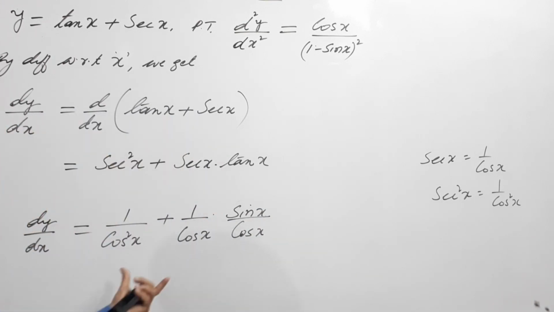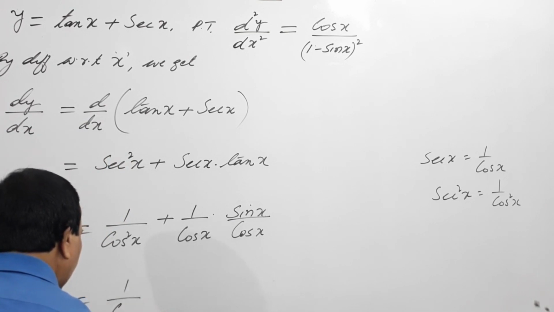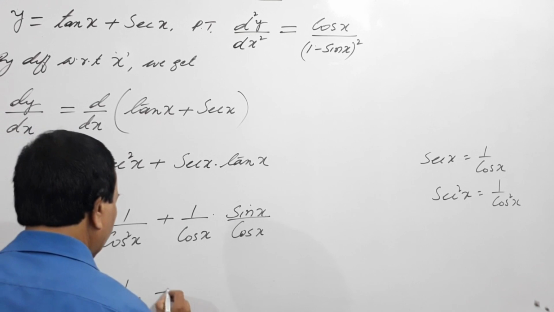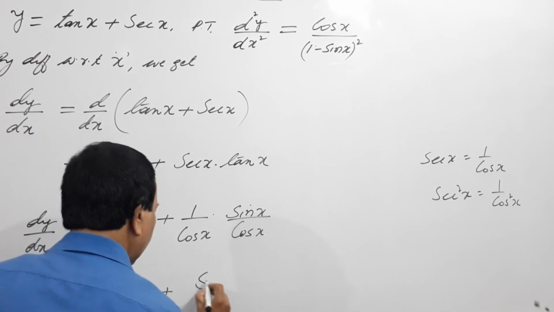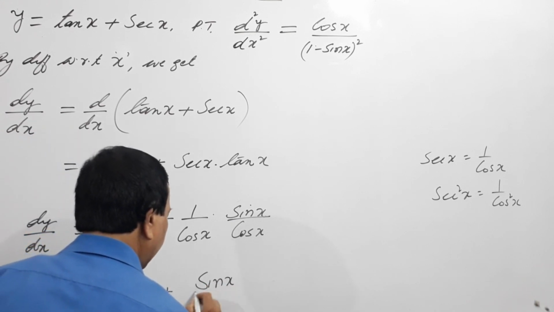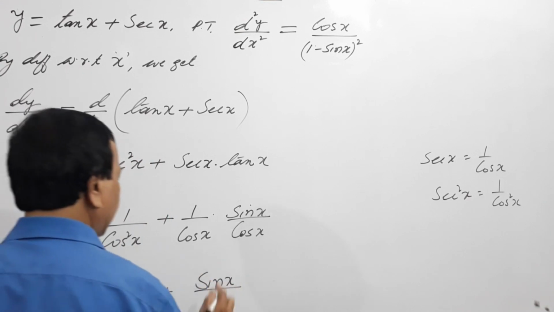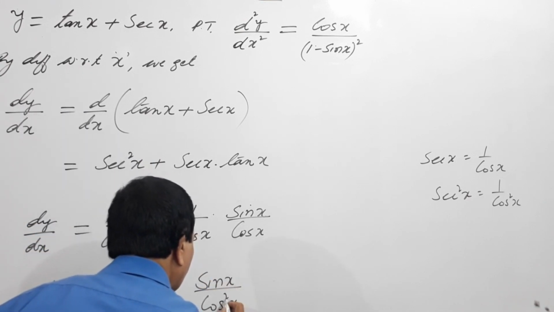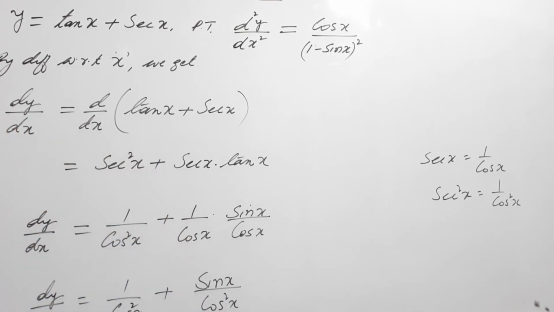So what shall I do? 1 by cos square x plus sin x by cos x into cos x, so the LCM is cos square x.